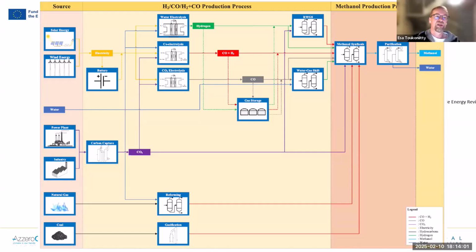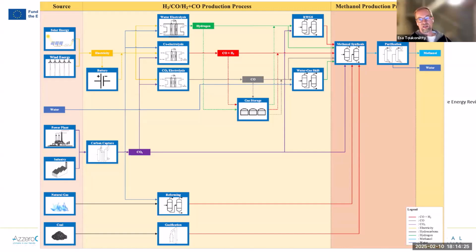So these are some kind of summarizing those previous slides or previous 5 different methods all together. And also in that second step, you see these are the opposite reactions. So this is reverse water-gas shift, and this is water-gas shift reaction.